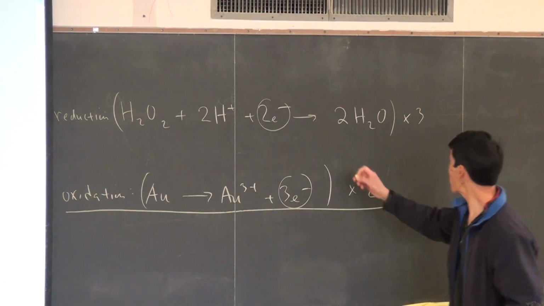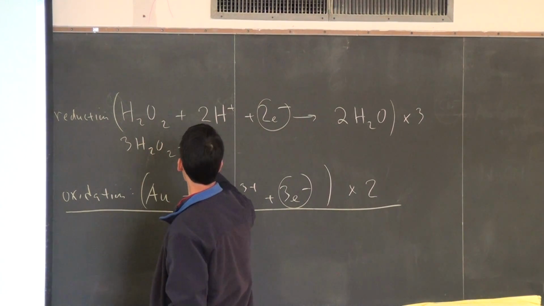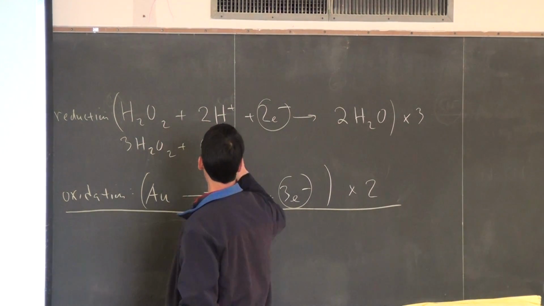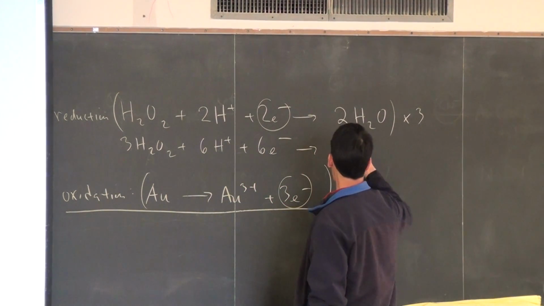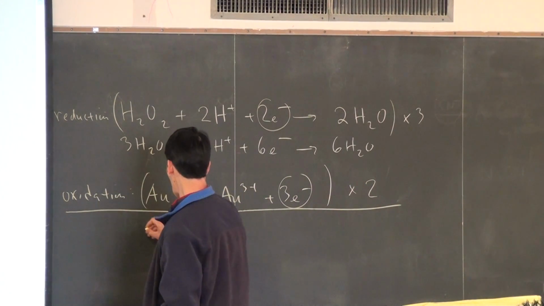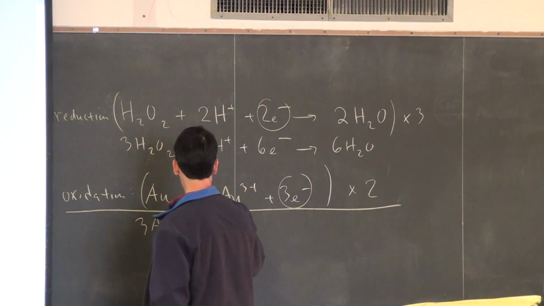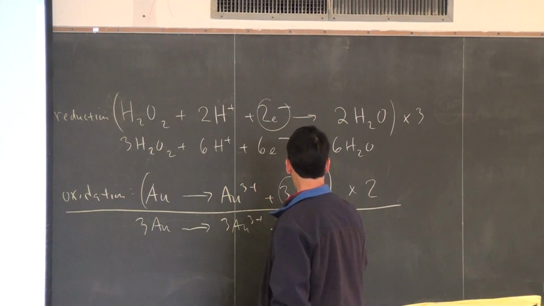Let's rewrite our equation. Now we have 3 H2O2 plus 6H+ plus 6 electrons, and for this one we have 2 golds going to 2 gold ions plus 6 electrons.